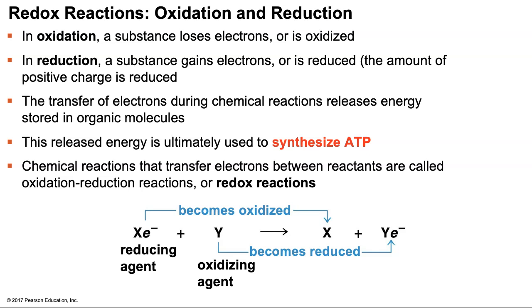They're always both occurring. So look to this very basic reaction shown here. We have X with an electron, right? They're negatively charged. So that's the E minus. So we have X with an electron plus Y. So these are just two chemical reactants that are near each other.